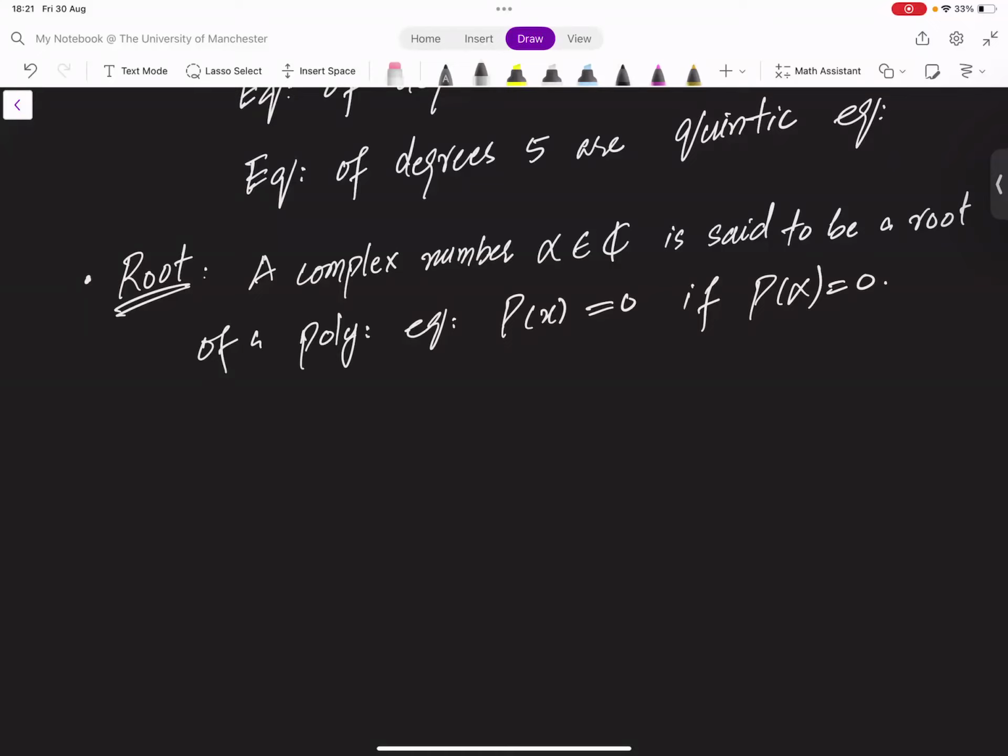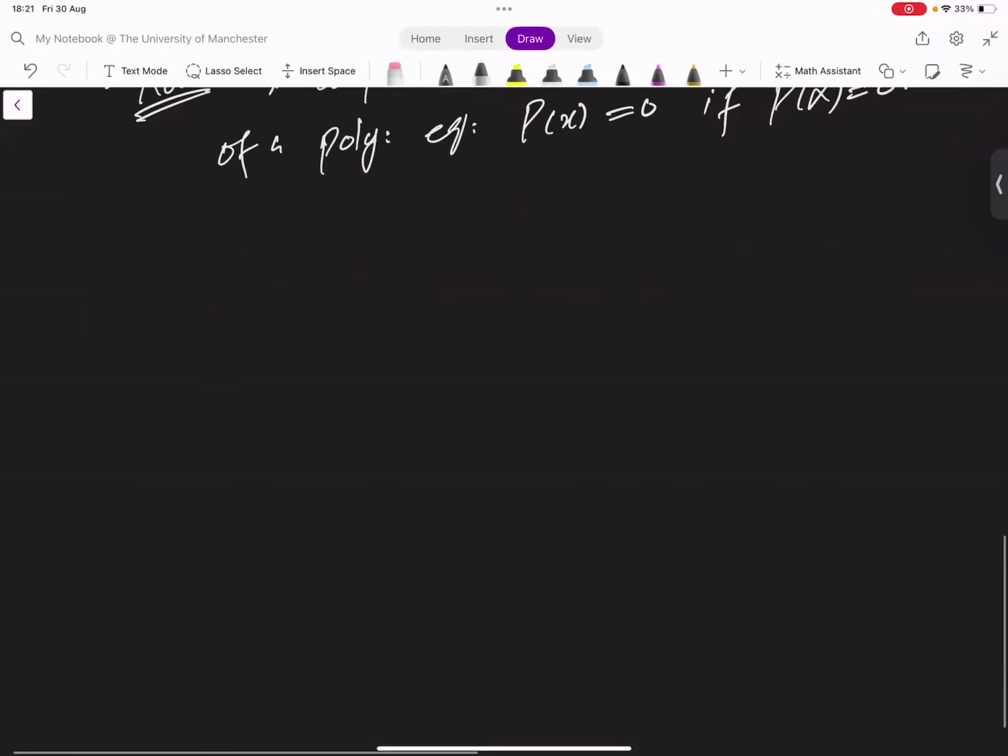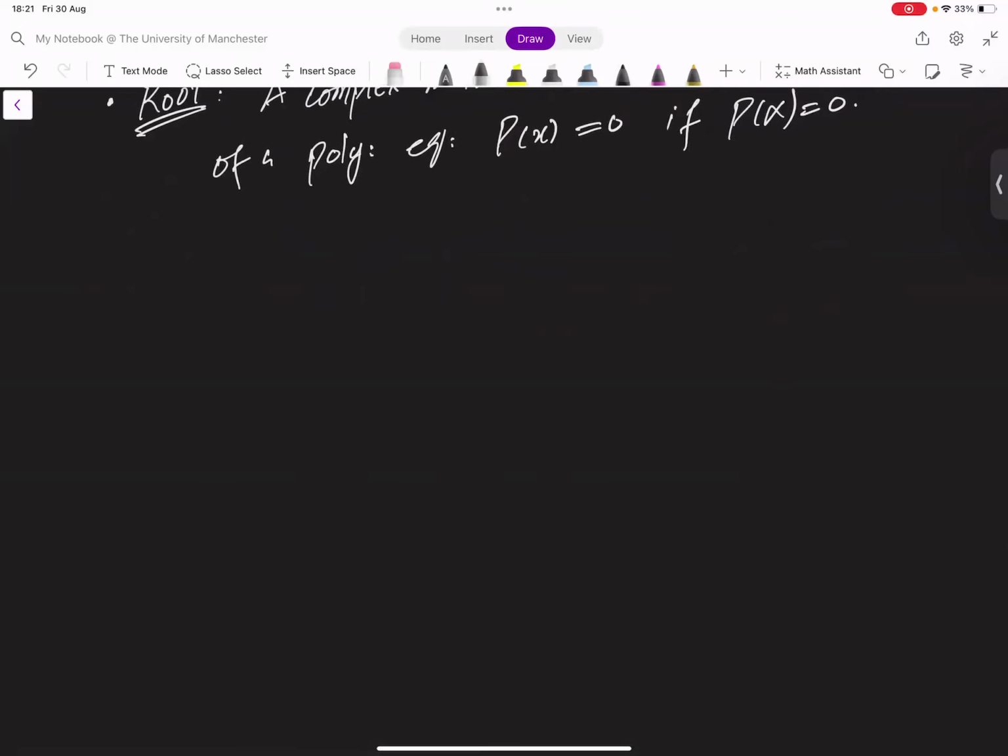Now, it is obvious that any linear equation ax plus b is 0 has one root, namely minus b over a.